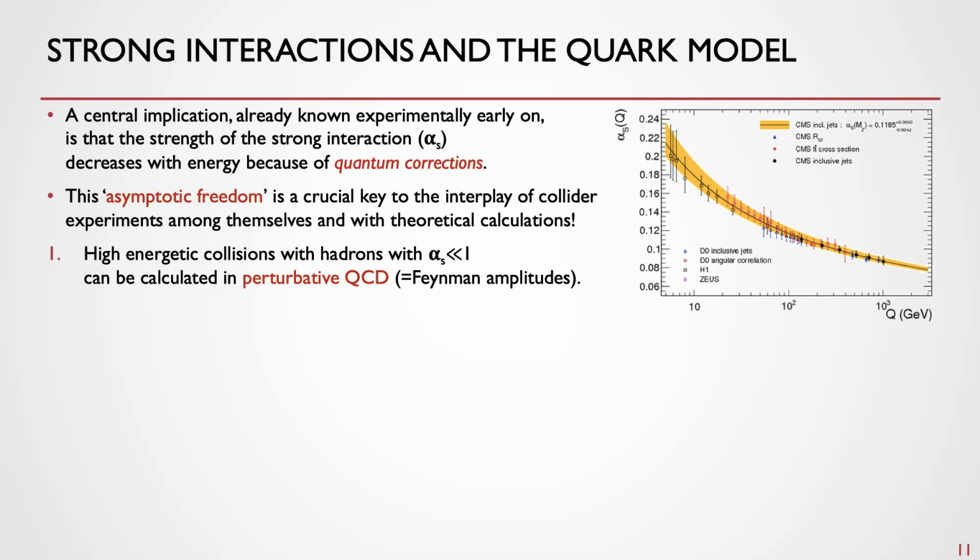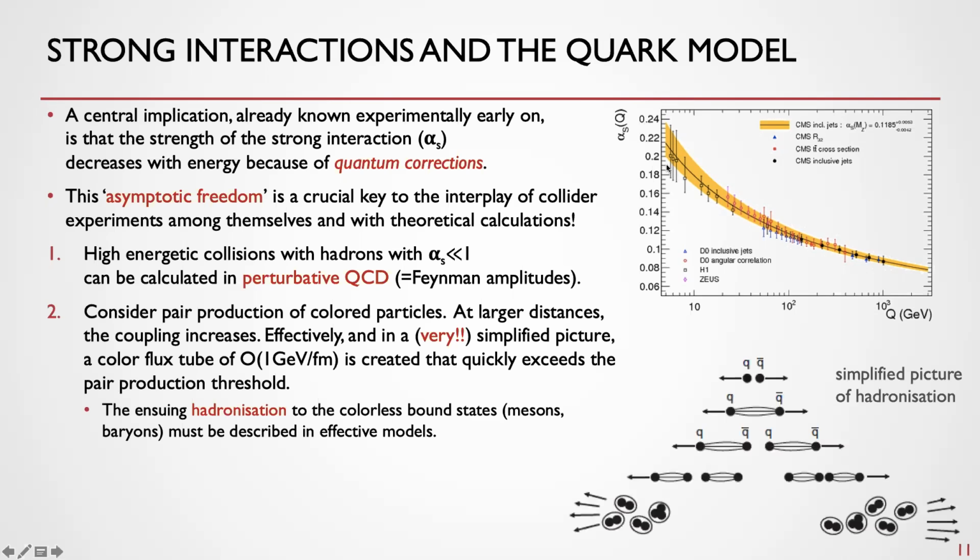In the theoretical calculations, we collide initial state quarks, for example, or initial state protons for that matter. And we find that the theory predicts that if the energy is high, the coupling constant is small, and this perturbation series will converge. However, at low energies, this does not work.